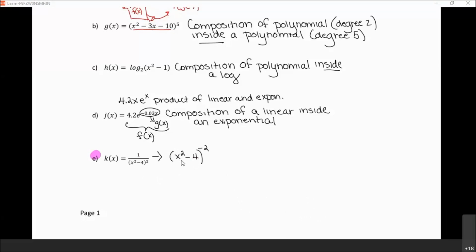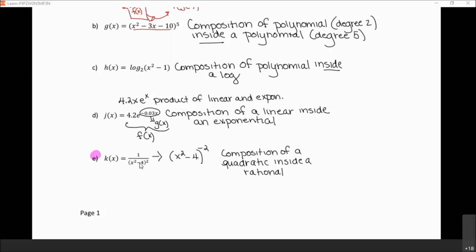What's more sensible is rewriting it like this. So I would say this is a composition of a quadratic inside a rational. Because it's 1 over something squared.